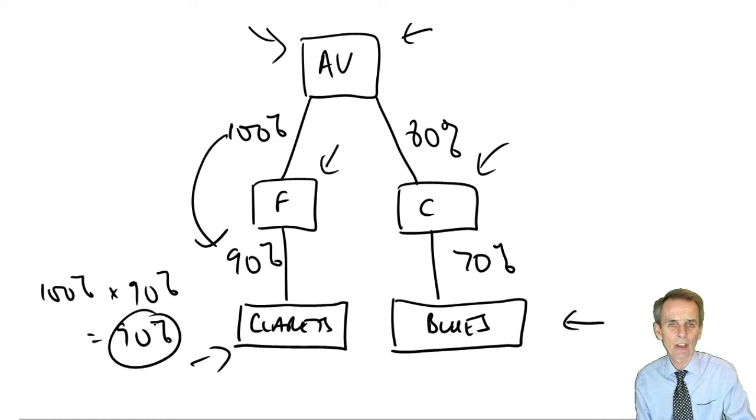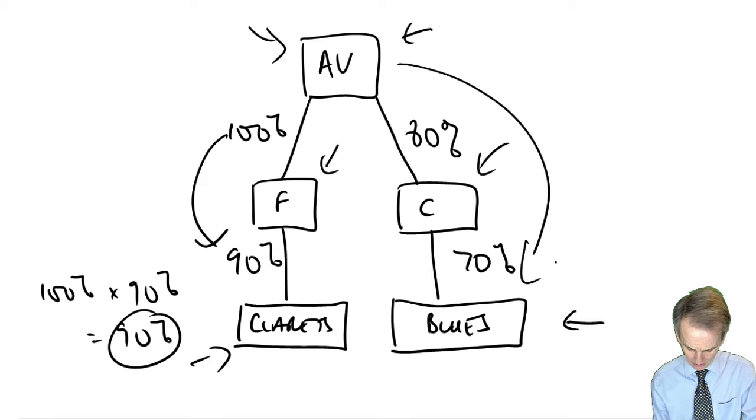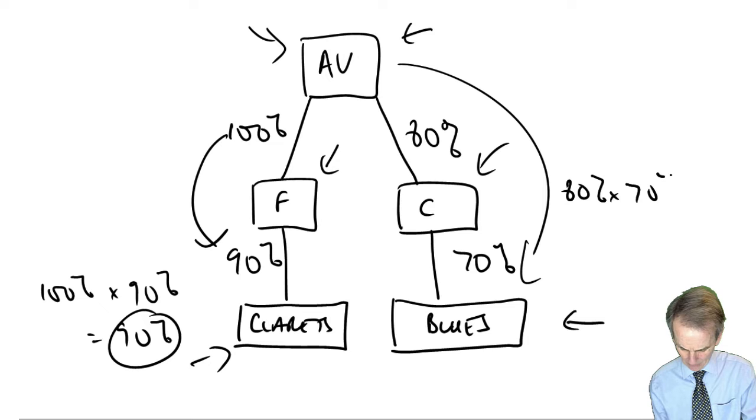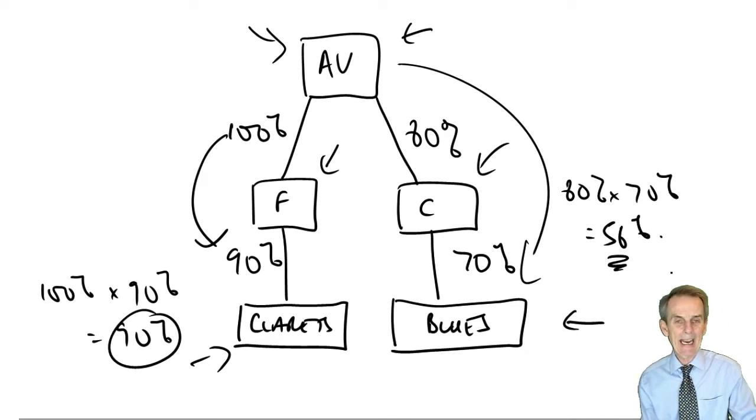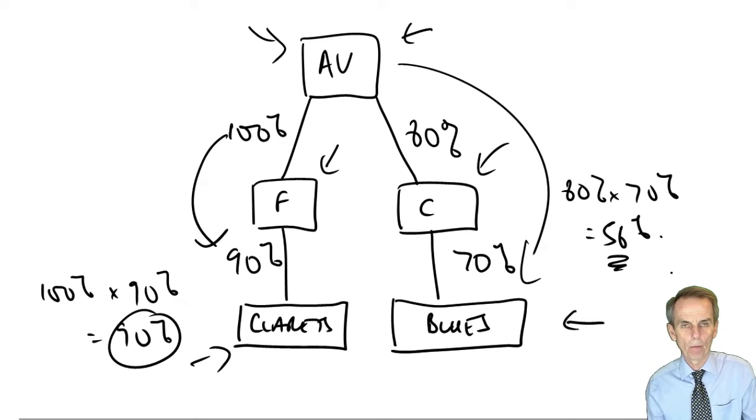That is at least in excess of 50%, and therefore, yes, it's a related 51% group company. The next one, in terms of AV's link to Blues, 80% times 70% equals 56%. Again, we satisfy the rule in terms of the related 51% group companies.